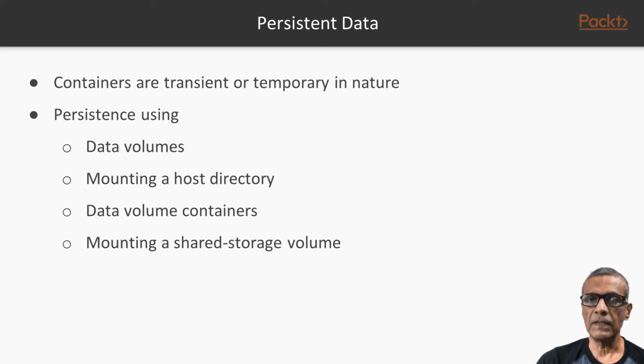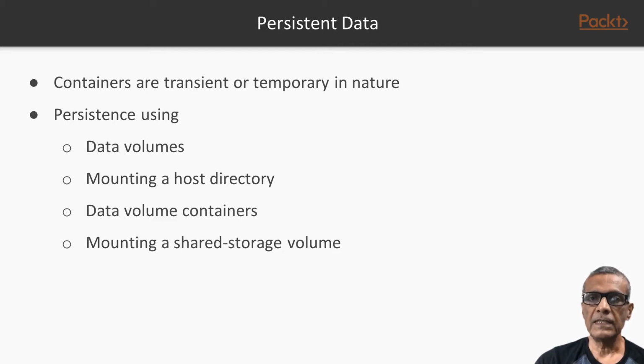In case of Docker, there are various ways to accomplish data persistence across the lifetime of a container. These are data volumes, mounting a host directory, data volume containers, mounting a shared storage volume. We will be looking into these in detail in the upcoming videos.